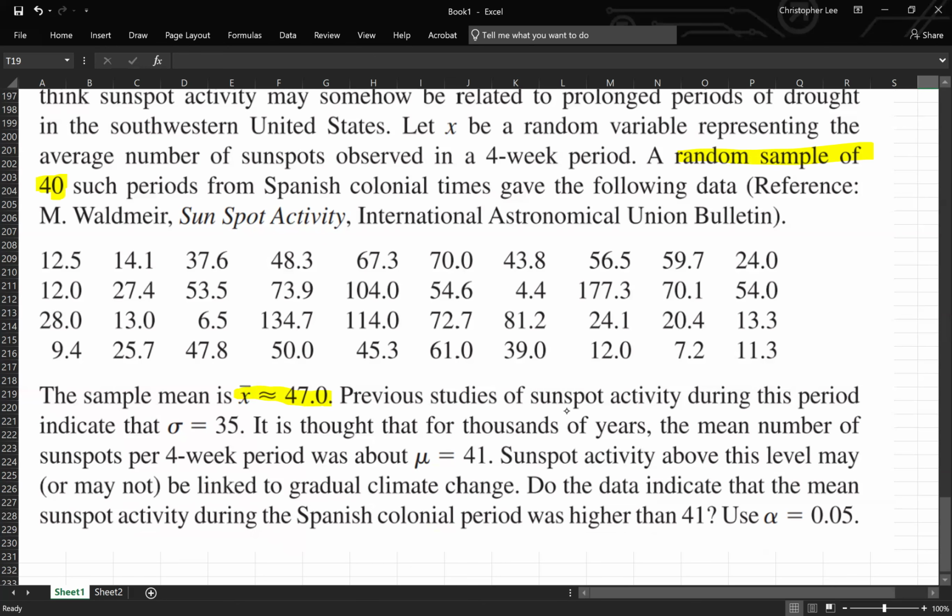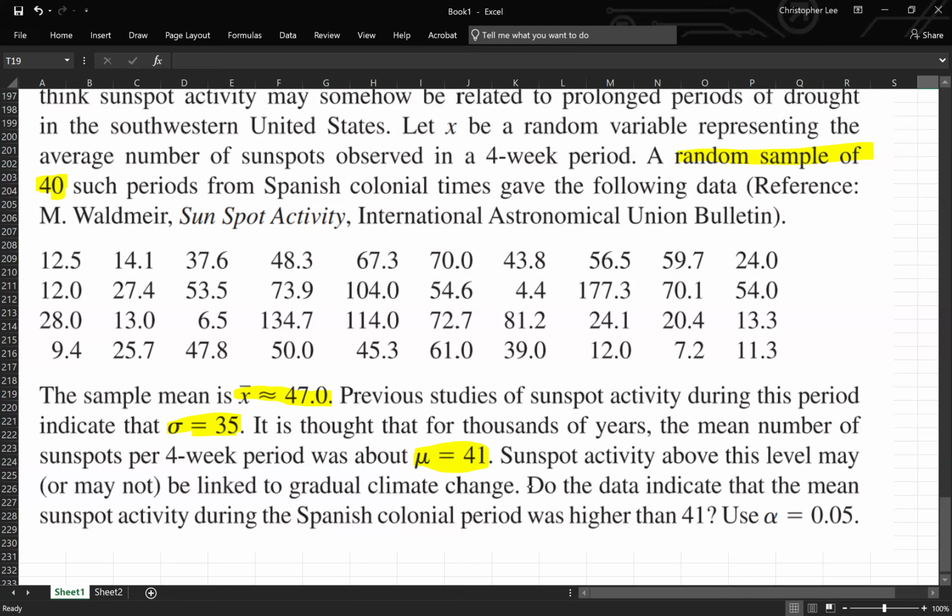Previous studies of the sunspot activity during the period indicate that the standard deviation was 35. It is thought that for thousands of years, the mean number of sunspots per 4-week period was about mu equal to 41, right? Sunspot activity above this level may or may not be linked to gradual climate change.